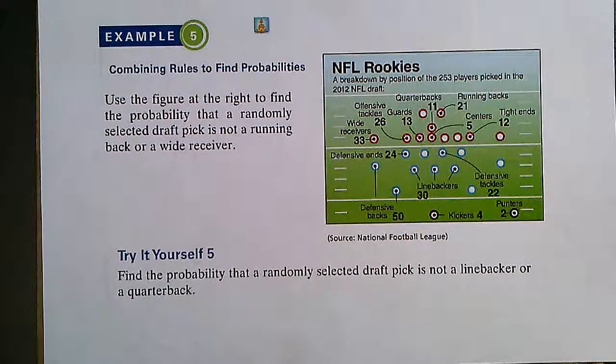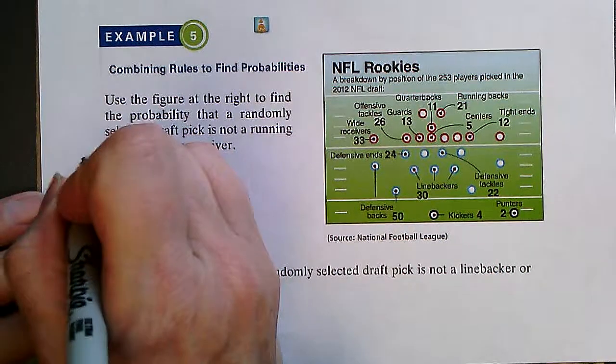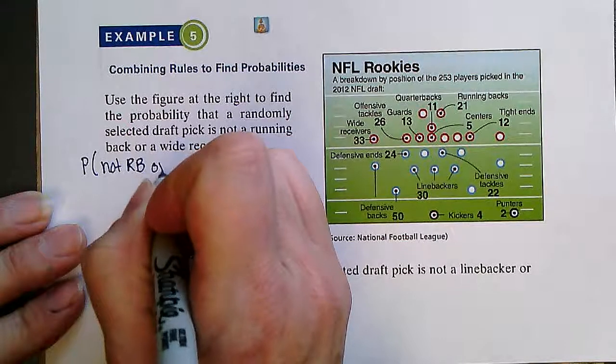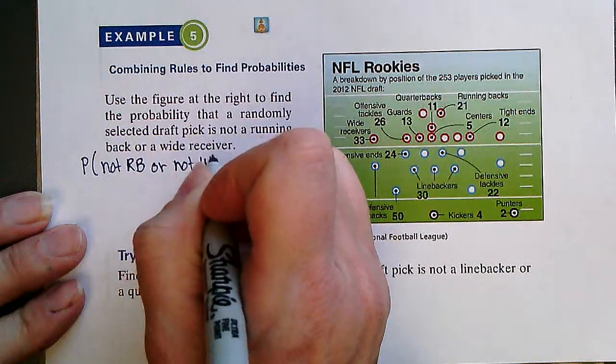Let's do one more example because it's going to combine several of the rules that we just talked about. Using the figure at the right, we're going to find the probability that a randomly selected draft pick is not a running back or a wide receiver. So we want the probability of not running back or not wide receiver.